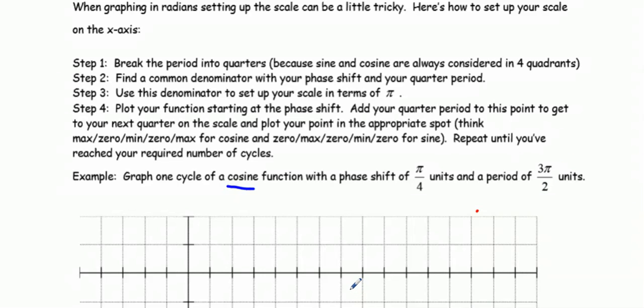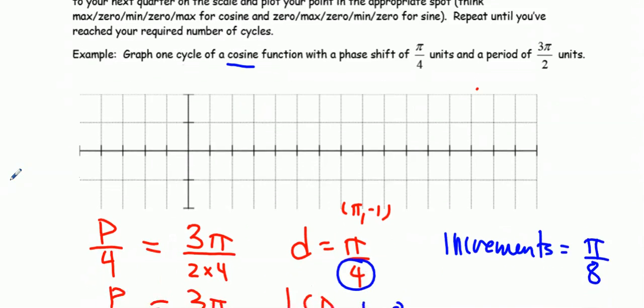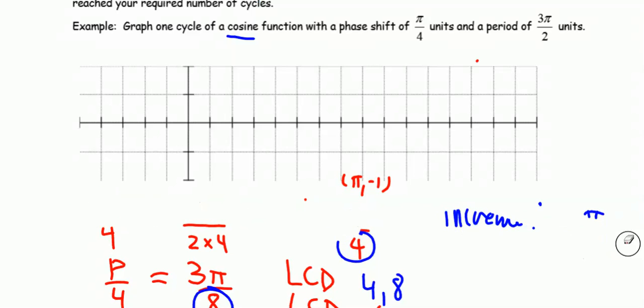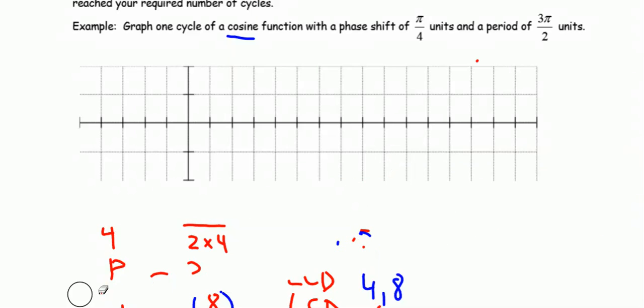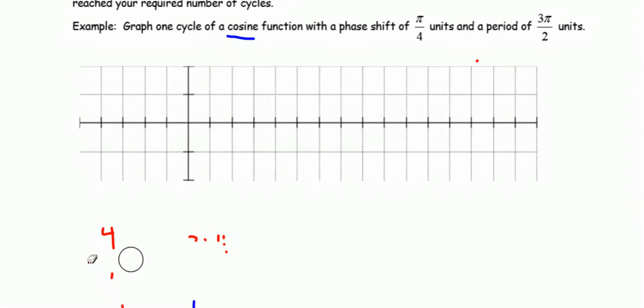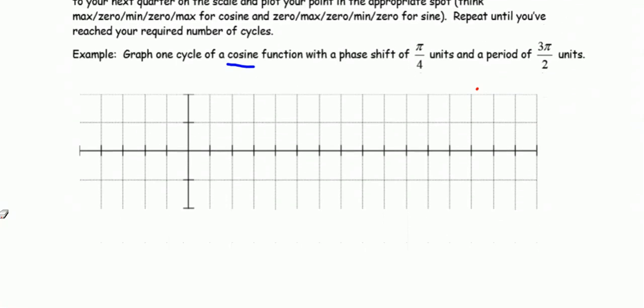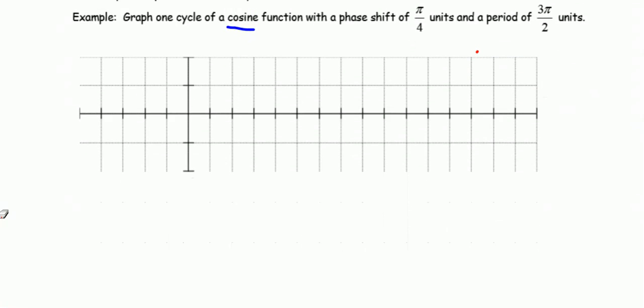Now, it's very, very difficult, I think, to graph these if you're just guessing at your scale. So we're not going to do any guessing. We're going to follow this tried and true method of setting up a scale. We need to know what our increments are going to be for our graph. So we're going to take our period and divide it into quarters.